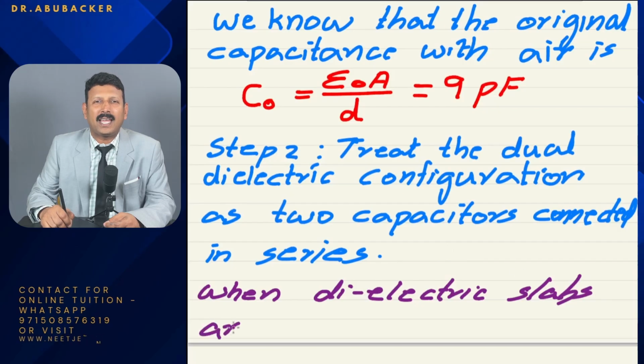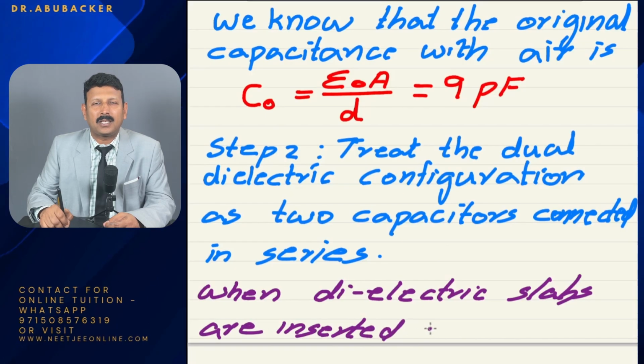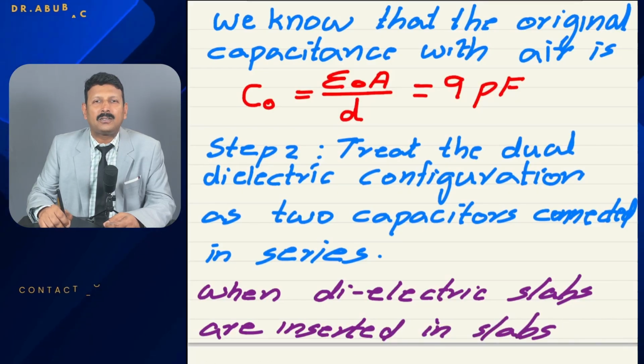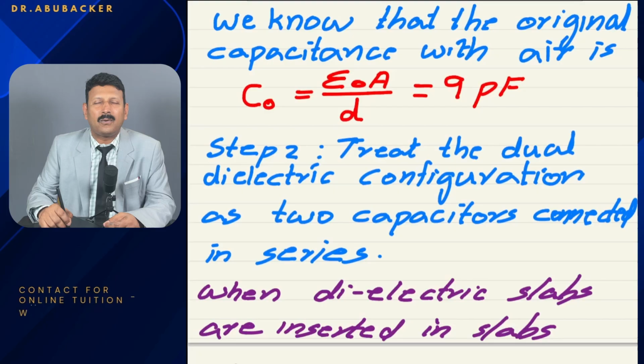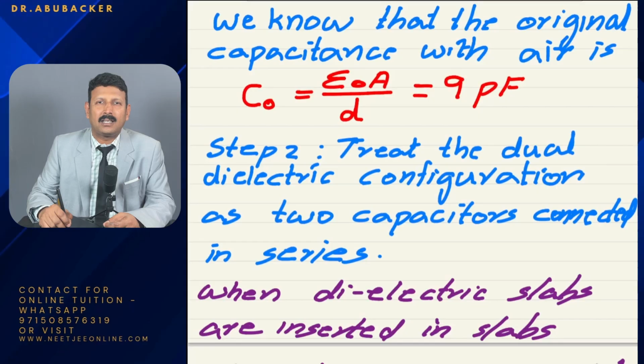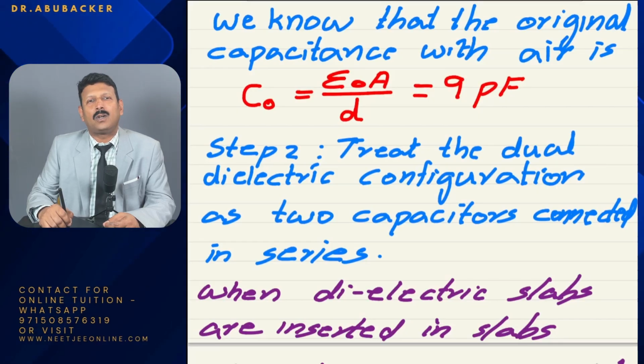So, when dielectric slabs are inserted, we are going to do the calculation for K1, first material first, then K2, second material next. Then we will do the calculation for series, then we will see what is the final answer.